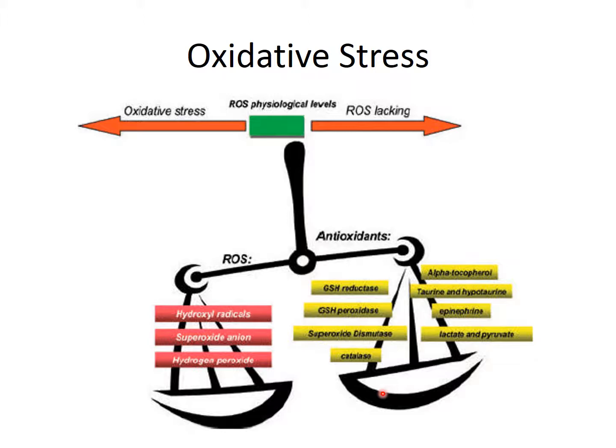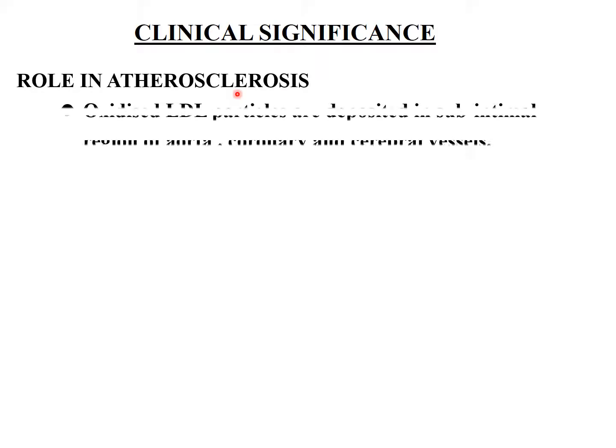Now in this situation, a lot of clinical manifestations are observed whenever this oxidative stress is high. So what is the clinical significance of oxidative stress? First one, we will discuss very briefly atherosclerosis.